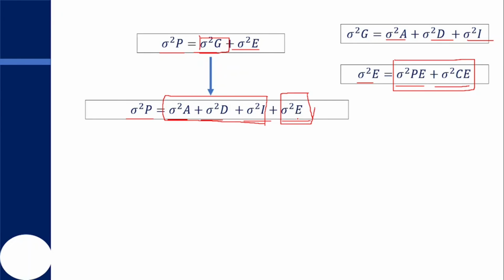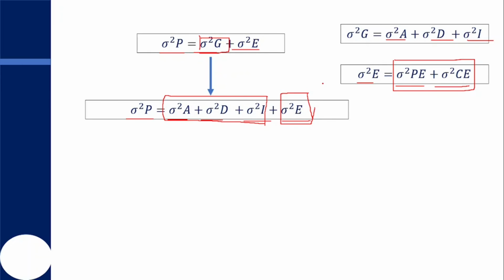So the part of variance that is due to unknown sources of variation is considered in sigma square E, but it is possible that you could replace this sigma square E with the components of environmental variance.